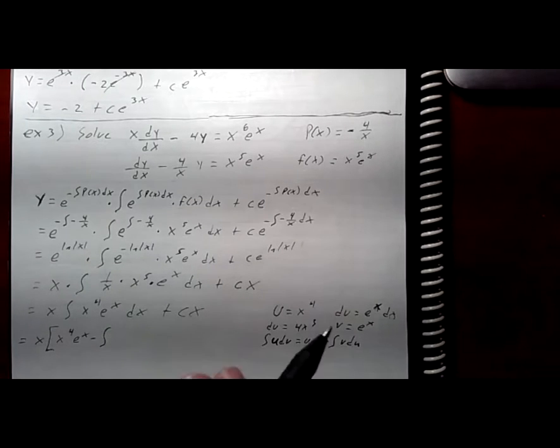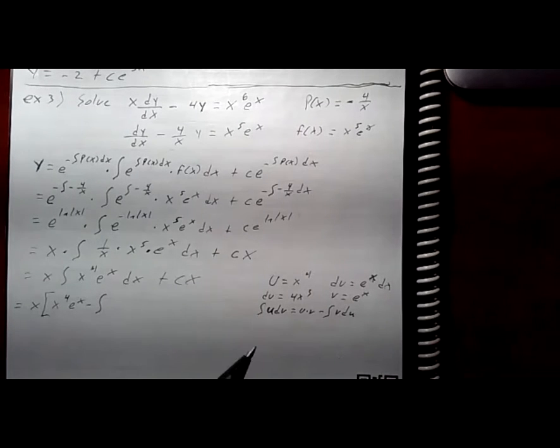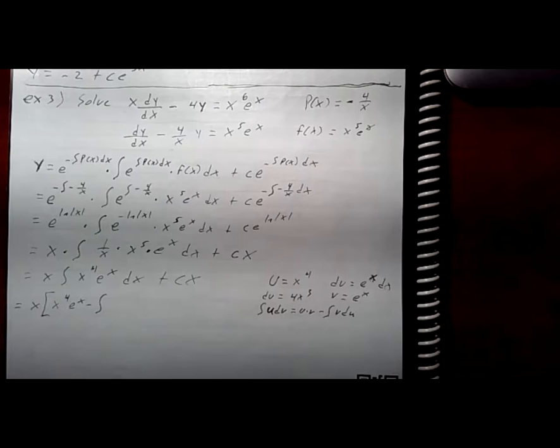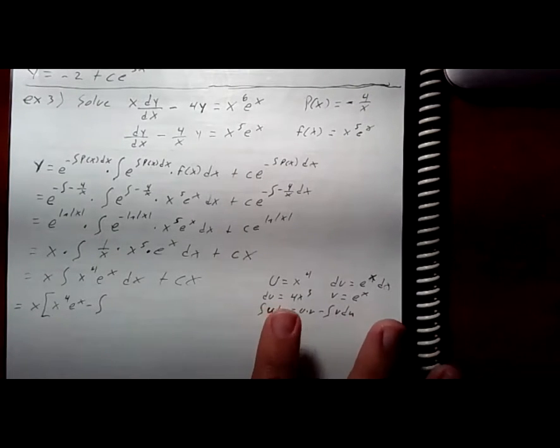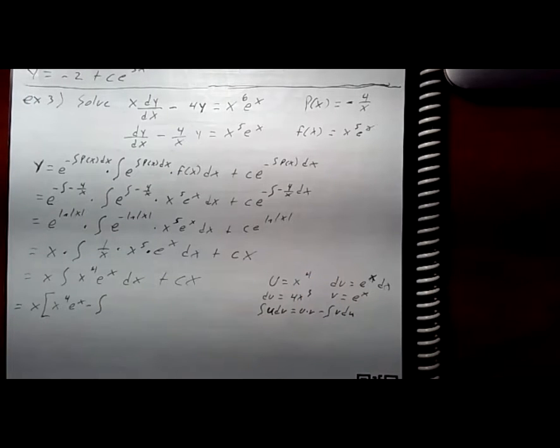You guys remember the tabular method? So I'm going to go to the next page in just a moment, and we're going to do this integral. We use the tabular method because it has a fourth power. It's going to keep going for a while, at least 2 or 3 times. So one second.